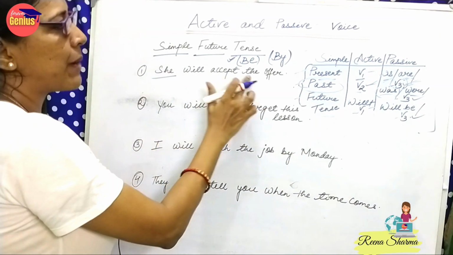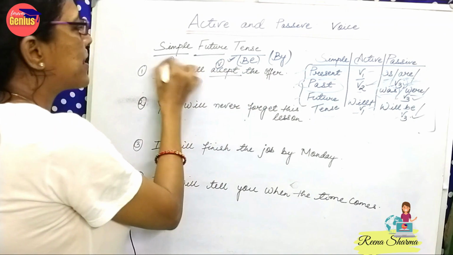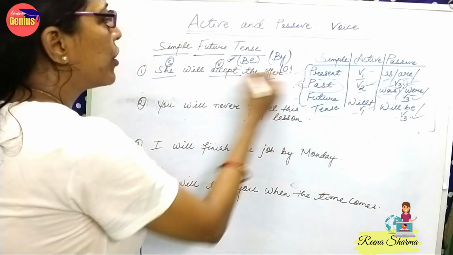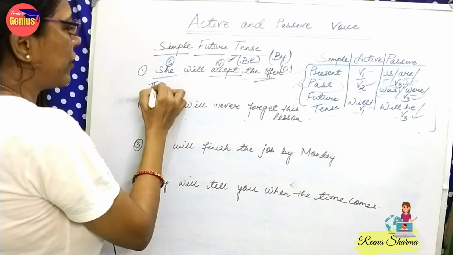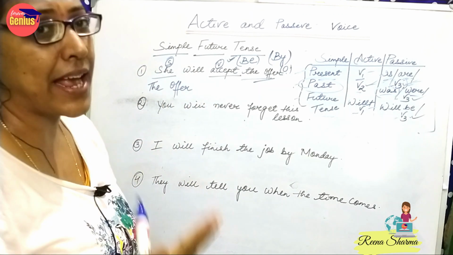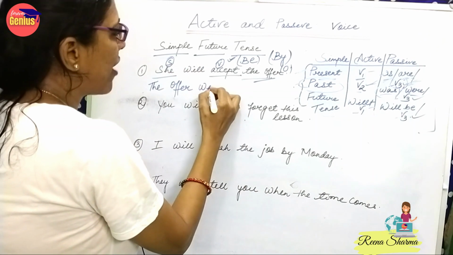She will accept the offer. Accept is the verb. She is the subject. Offer is the object. So, the offer, we will write this first. It is a future incident which is supposed to take place. So, will, the offer.